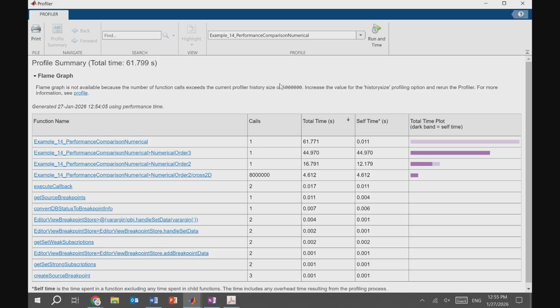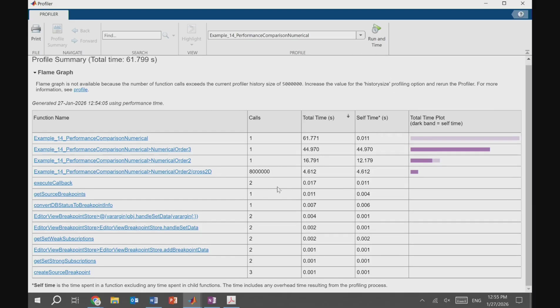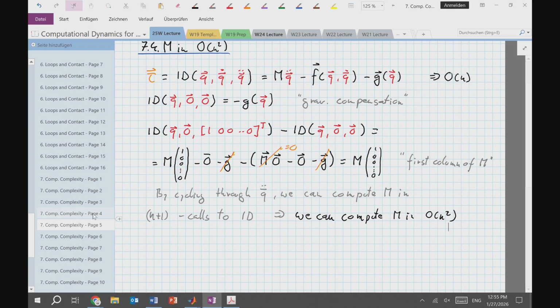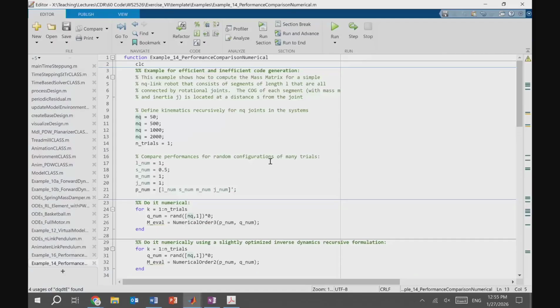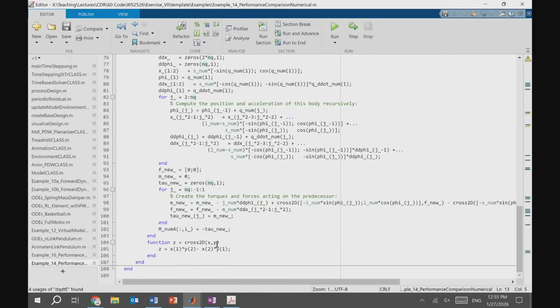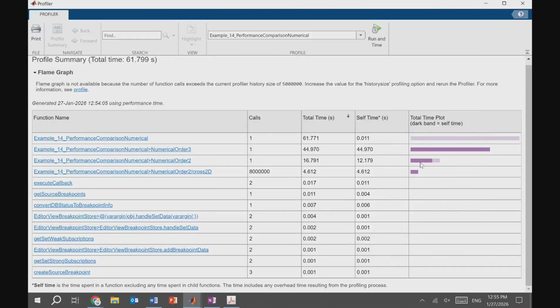You have a question? What's the difference between total and self-time? It tells you a little bit. So if I can scroll down here, can I? No, I cannot scroll down here. But it basically tells you that numerical order 2 calls this function cross product. Actually quite a number of times, as you see, which is evaluating this guy here, and is my well-coded version of a cross product in 2D. And so the function calls another function, and then basically to separate where the time is really spent.